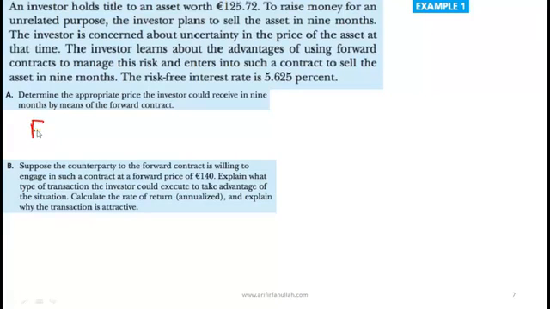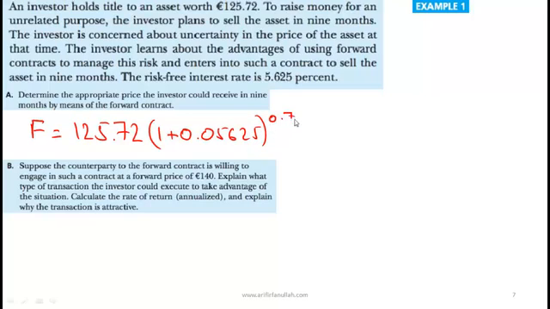So for part A, what you should have got, forward price is equal to the spot price, which is 125.72 into 1 plus the risk-free rate, which is 0.5625 to the power of, remember the exponent is always in years, and this should have given you 130.99. So that's the forward price.